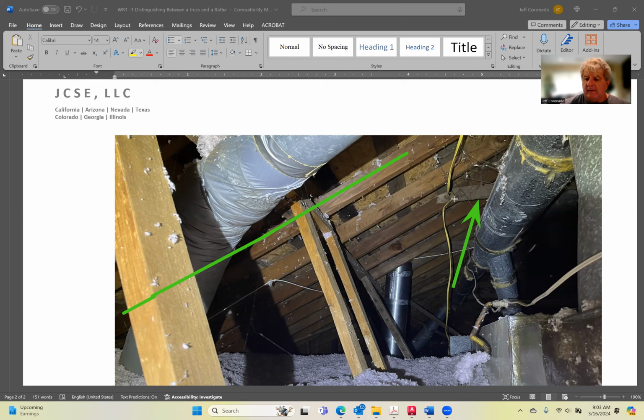I think we can make that assumption since we know this is symmetrical about where the ridge occurs, the apex of the top of the rafter. So we can assume that this horizontal member connects to another rafter.